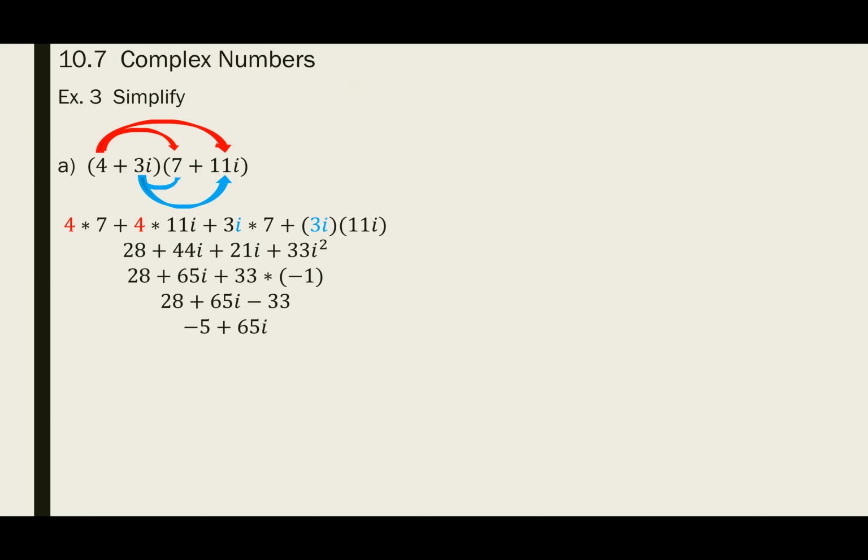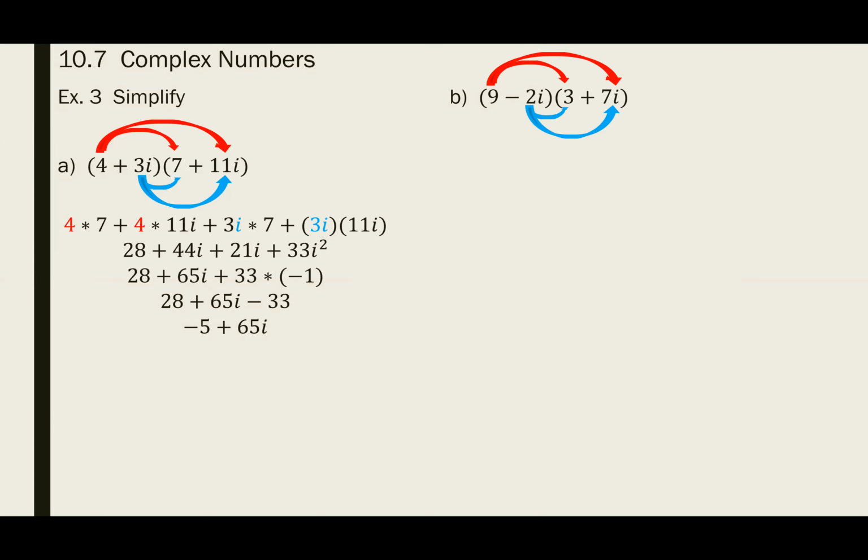And the B portion is similar. If we have 9 minus 2i multiplied by 3 plus 7i, nothing new, just like before. All we need to do is distribute this in. We take the 9 times 3 to give you 27, the 9 times 7i to give you 63i.